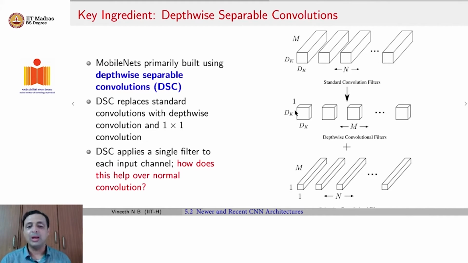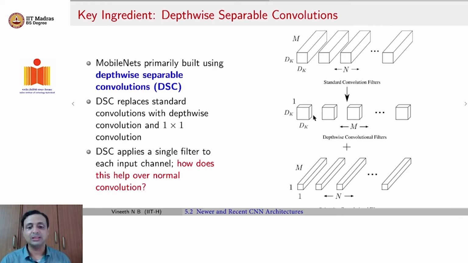But in depthwise separable convolutions, you first convolve only on each channel, which means dk cross dk cross 1, m different times. If there are m channels, you do dk cross dk cross 1 on the first channel, then on the second channel, the third channel, and so on until m channels.